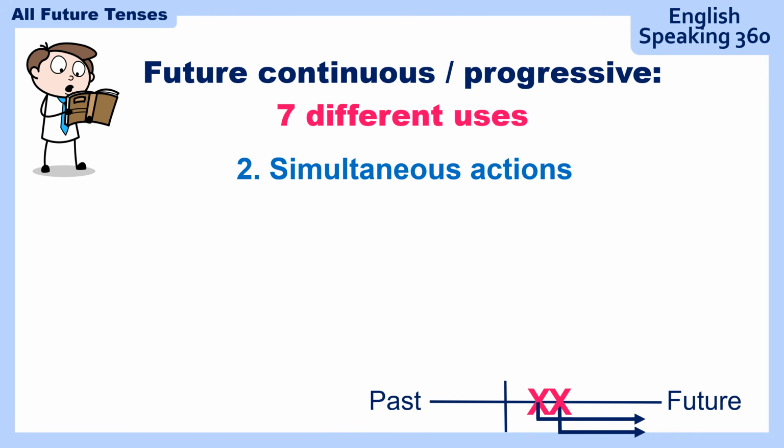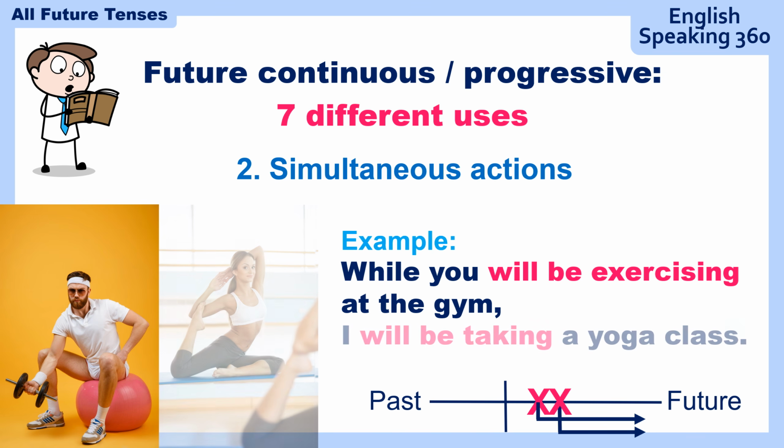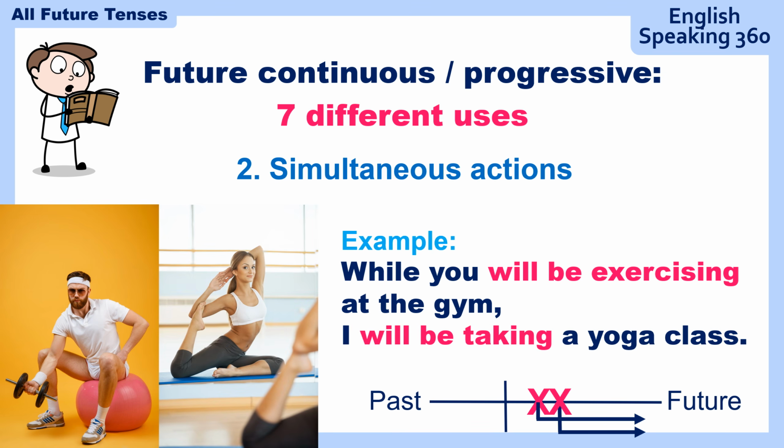Simultaneous actions. If you take a look at the graph now, you can see that both actions are taking place at the same time. Here's an example. While you will be exercising at the gym, I will be taking a yoga class. So while you will be exercising at the gym, ongoing action, I will be taking a yoga class at the same time, ongoing action as well.